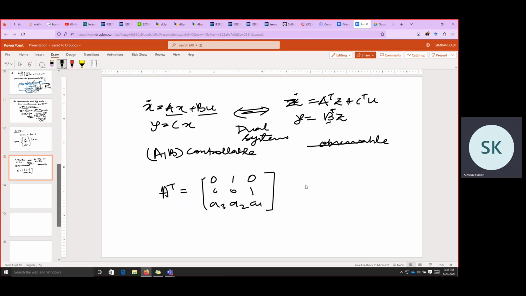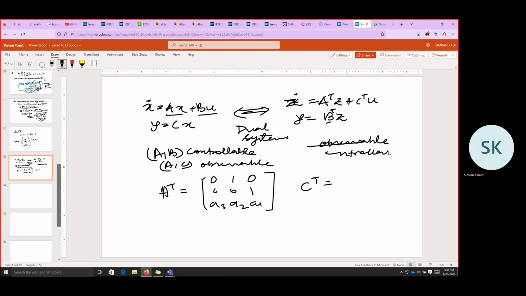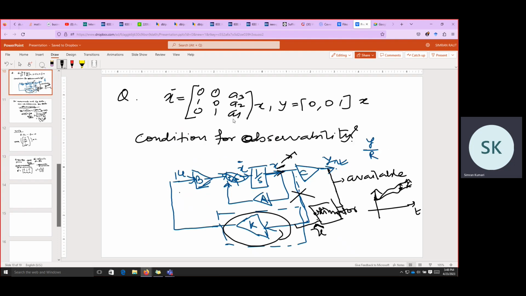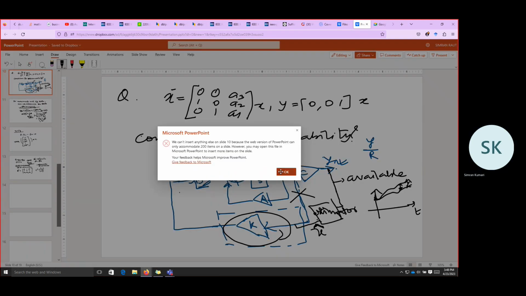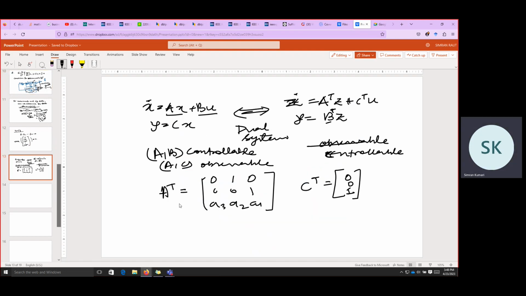This is C, the C transpose, which is 0, 0, 1. So for that system to be observable, we want this dual system to be controllable.